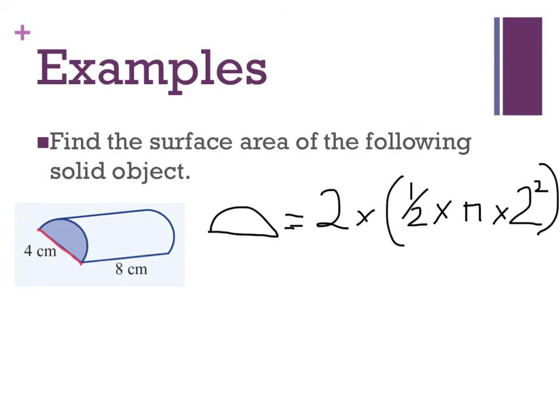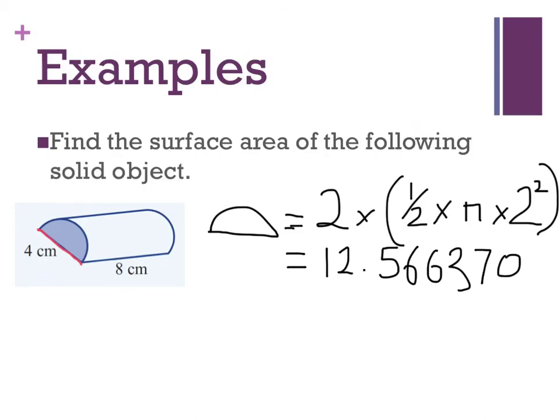So let me just get out my calculator to do that. Okay, and I get an answer of 12.56637. I'll keep a few decimal places just for the moment, because it keeps things nice and orderly. Now, the area of my rectangle is going to be my circumference.